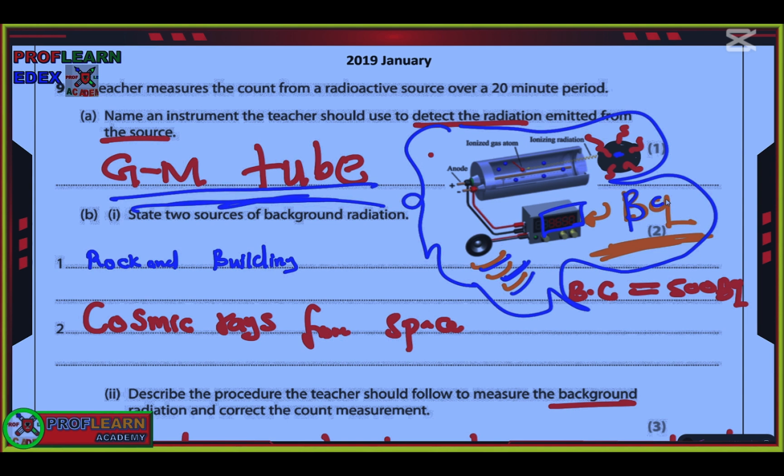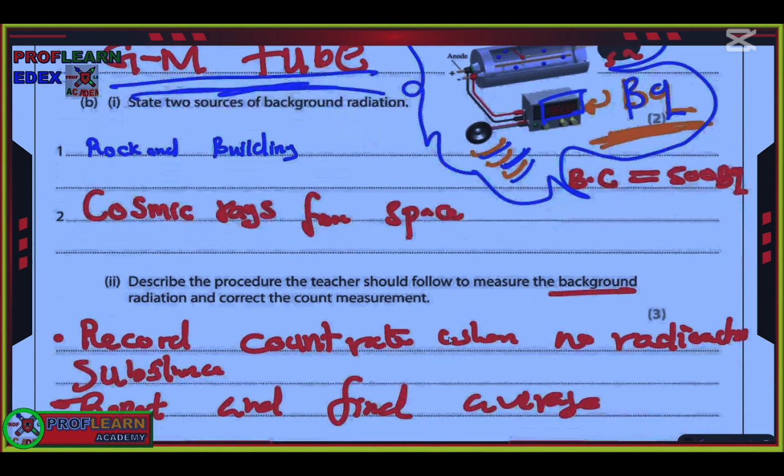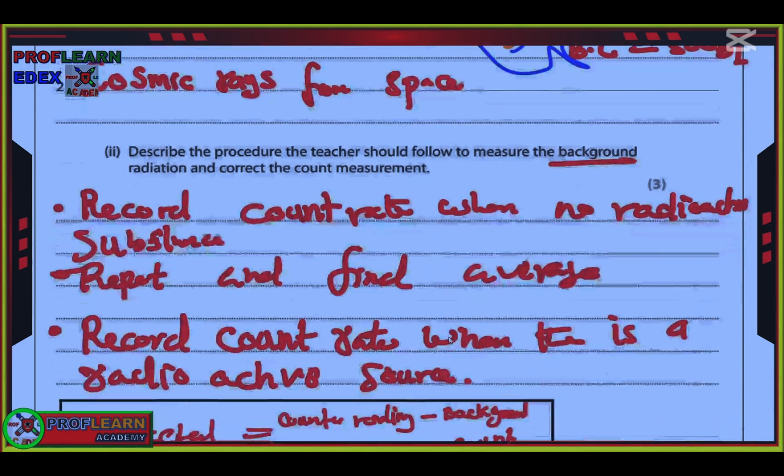The unit for radioactivity is the becquerel, and sources could be rocks and buildings, cosmic rays from space, and also nuclear and medical activities.